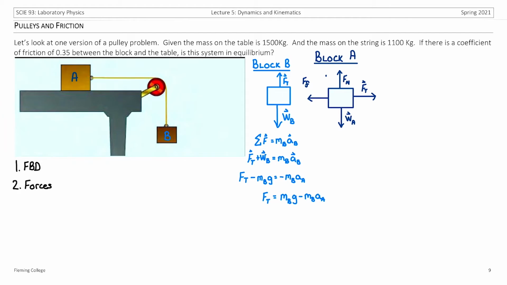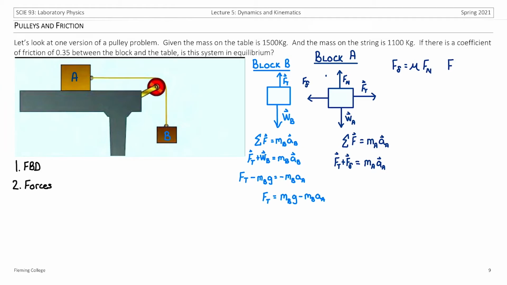Again, we want to set up the sum of all forces will be equal to the mass of block A times the acceleration of block A, which means we will have the force of tension plus the force of friction is equal to the mass of block A times the acceleration of block A. And we have to do some consideration about that force of friction. You may recall, force of friction is equal to the coefficient of friction multiplied by the magnitude of the normal force.